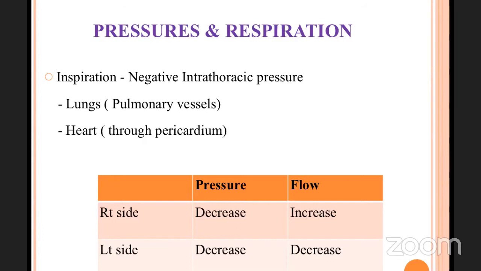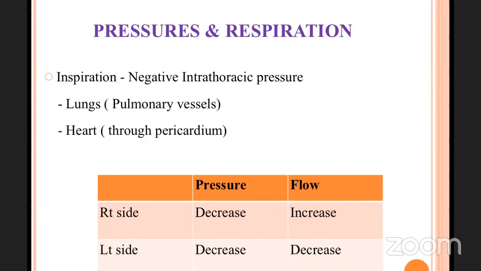But remember, even though the flow increases to the right side of the heart, the right atrial pressure and right ventricular diastolic pressure continue to fall. This fall in the pressure on the right side at a time when the flow is increasing is because the negative intrathoracic pressure is transmitted to the intrapericardial structures, that is right atrium and right ventricle.